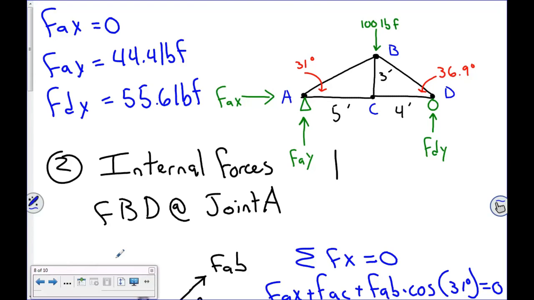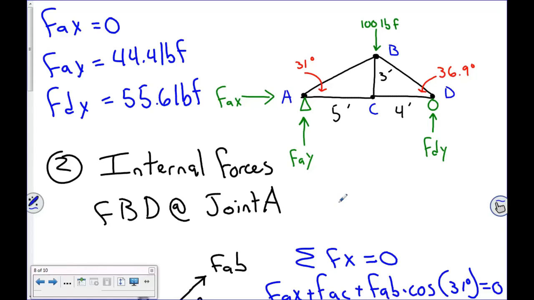You don't have to write this, same picture. Go ahead and write FBD at joint A. What's FBD? Free body diagram at joint A.